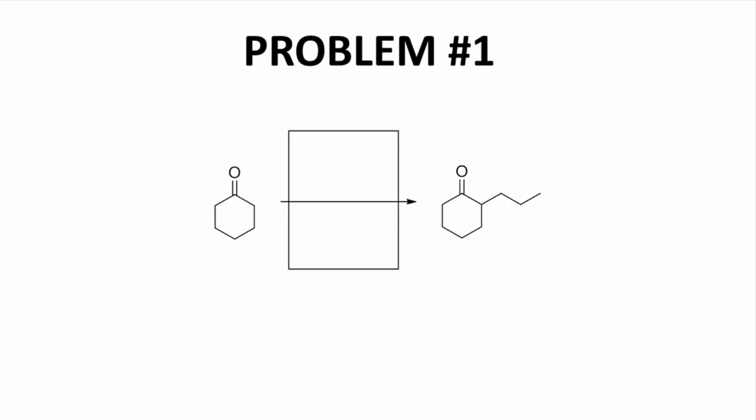Problem number 1. So we are given the final product as well as the starting material, and we need to figure out what our reagents are. Well, if we look, we start with a ketone, no surprise there, and what we finish with is the same ketone with this extra alkyl group.